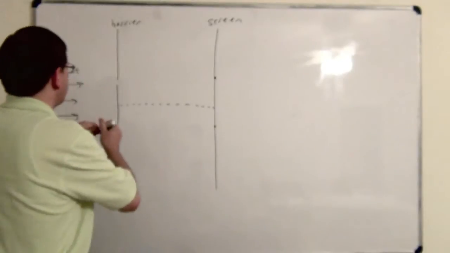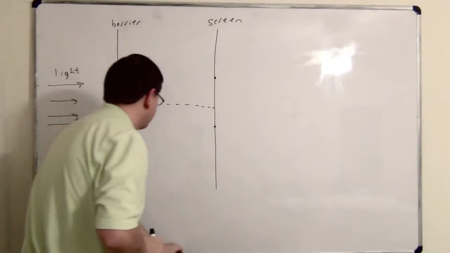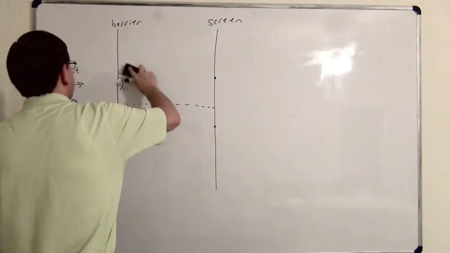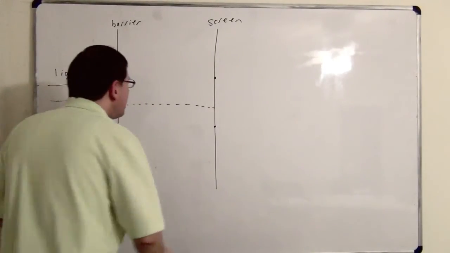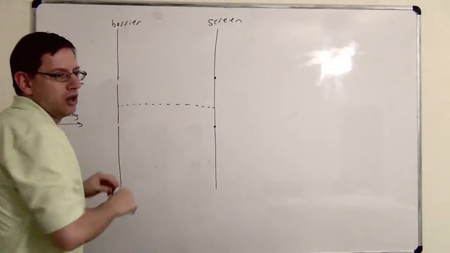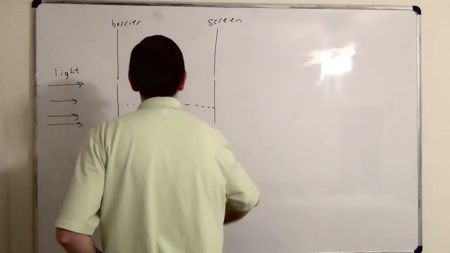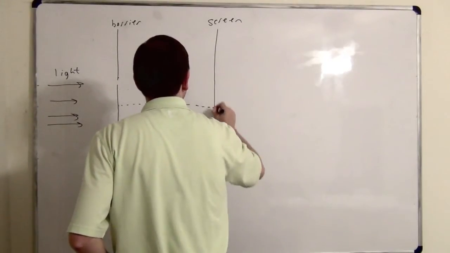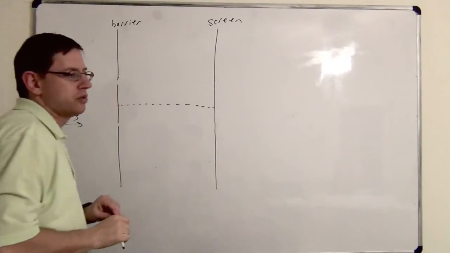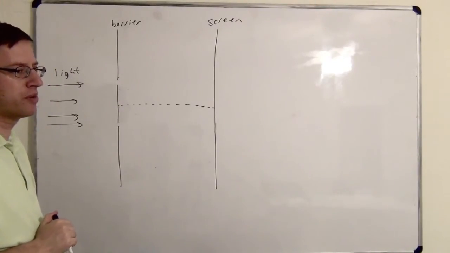You know that if this was a water wave, the water wave would spread out once it passes through the slit, right? Okay, so it turned out that guess was incorrect. We're not just going to get light directly in front of the slits. The light is going to spread out all over. But what we are actually going to get is a pattern of dark and bright spots.